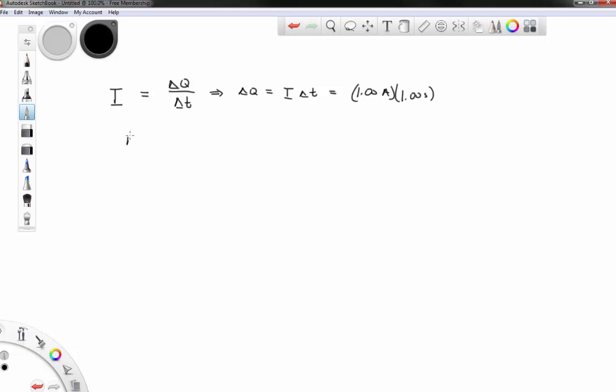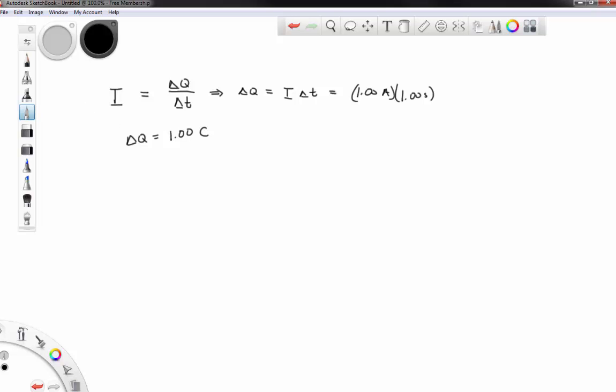So this means that we have to have a charge of 1.00 coulombs. All right. And the sign doesn't really matter here, because if this current is going through the wire, you basically have electrons going in one direction and electron holes, which are a sort of a positive charge of a sort, going in the other direction.